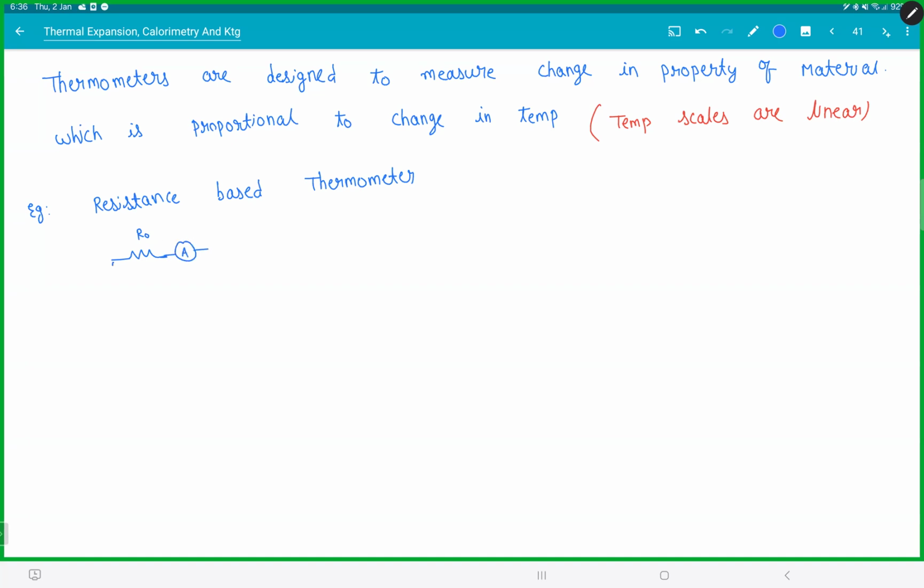We have an ammeter and a small power supply. Now the current I in the circuit will be V by R naught. This thermometer's resistance is very sensitive, so resistance will be R equals R naught times (1 plus alpha delta T), where delta T is the change in temperature. So when you change the temperature, the resistance changes.